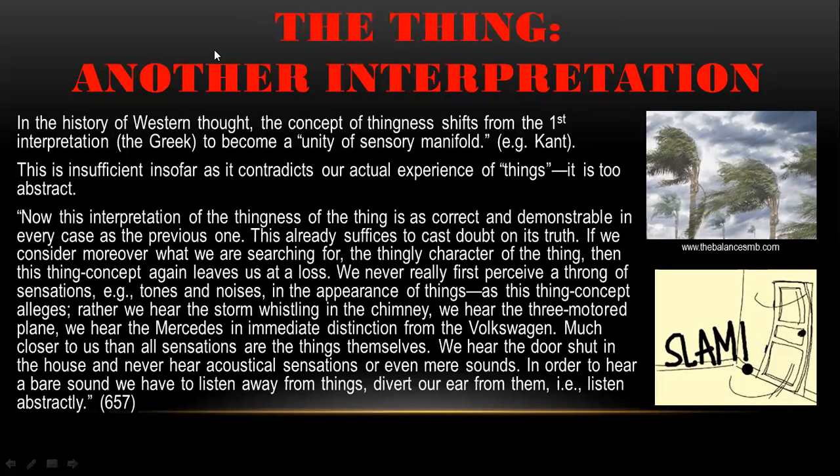So again, it is demonstrable in every case as the previous one. This already suffices to cast doubt on its truth, right? It's too general. It's too applicable, right? If we consider, moreover, what we're searching for, the thingly character of the thing, then this thing concept again leaves us at a loss. So we still haven't got to the thingly character of the thing with this interpretation.